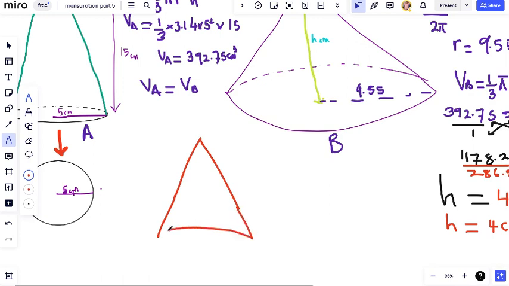But if the question was like this, cone A, for example, if here was 15 centimeter, you cannot use 15 to find the volume straight away.